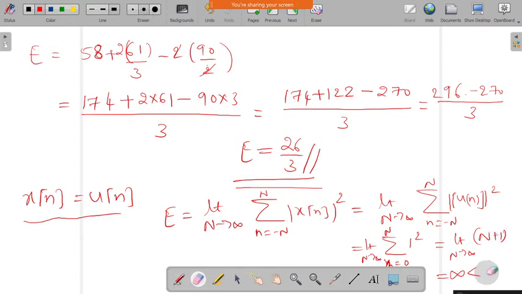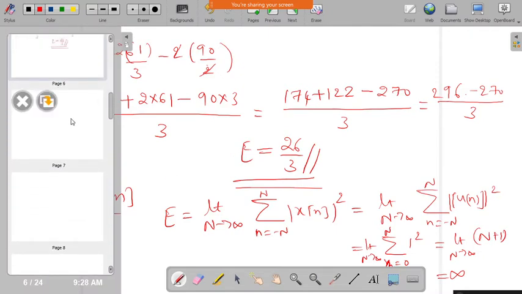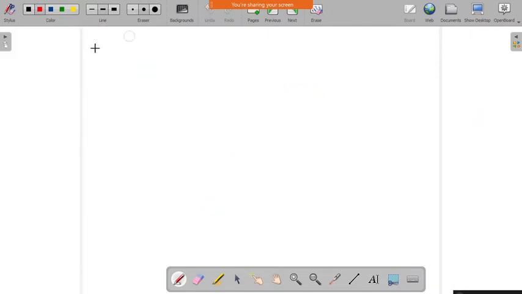Now we can find out the power of this one. Since it is not an energy signal, you can find the power. So try to find out the power. What is the power expression? It is limit n tends to infinity, 1 over 2n plus 1, summation n equal to minus n to plus n, x of n square.